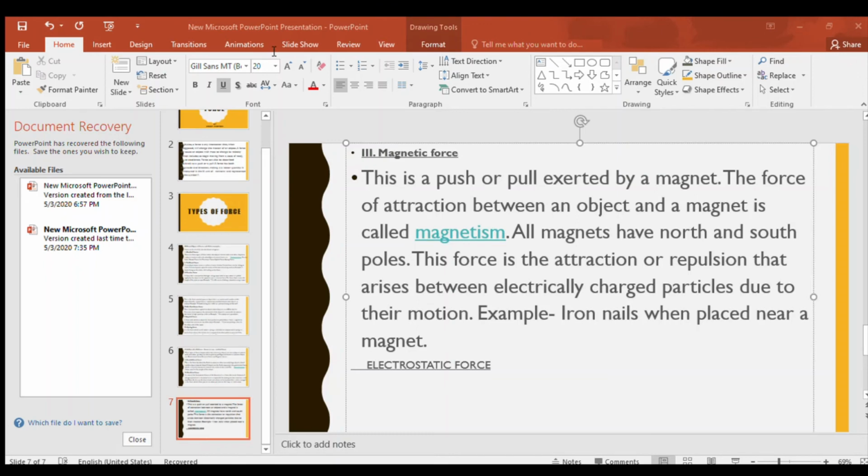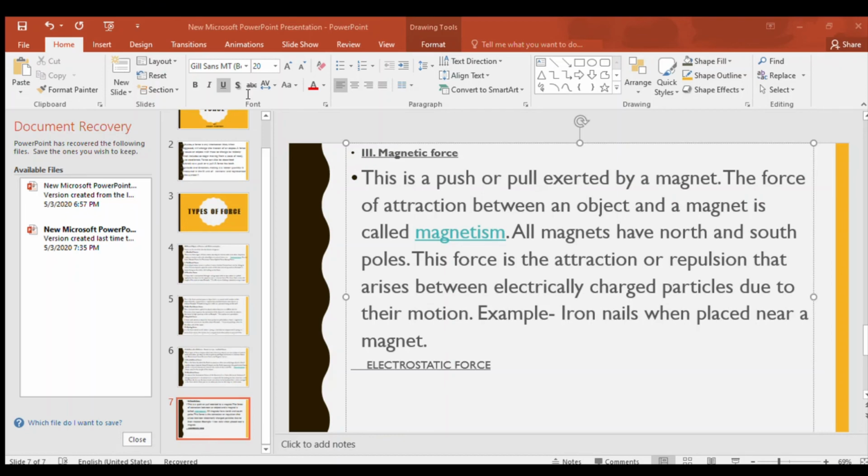Once more, you think: this happens because of the charge of the object. And not only with combs, there are many other examples of electrostatic force.